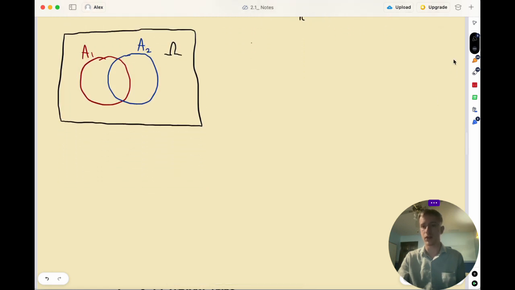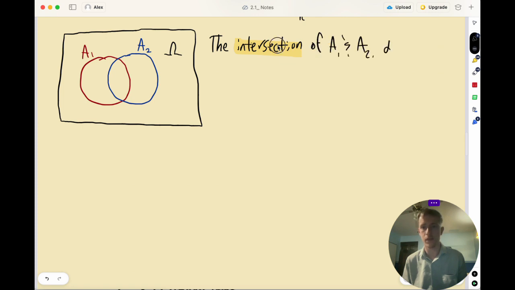Let's talk about intersections. So we have that the intersection of A1 and A2 is denoted with the same symbol as the union, but flipped.